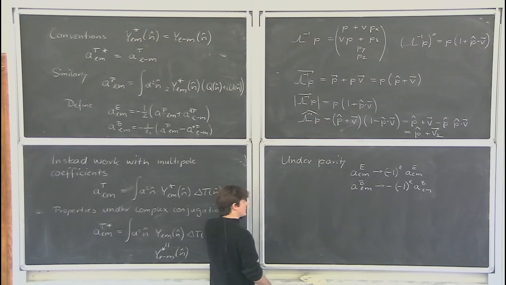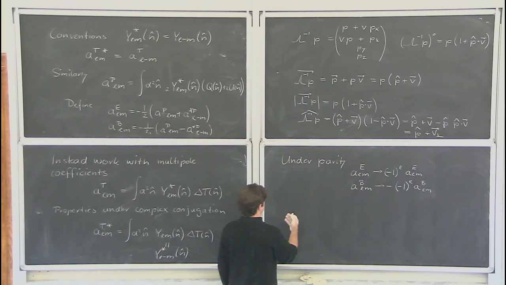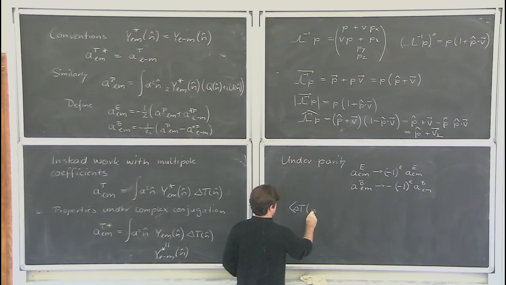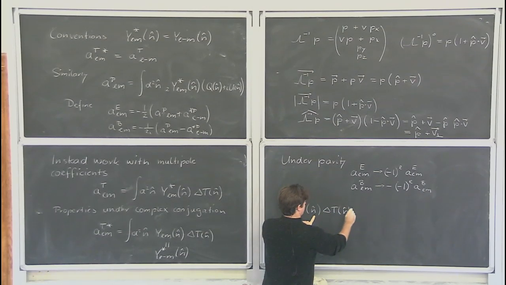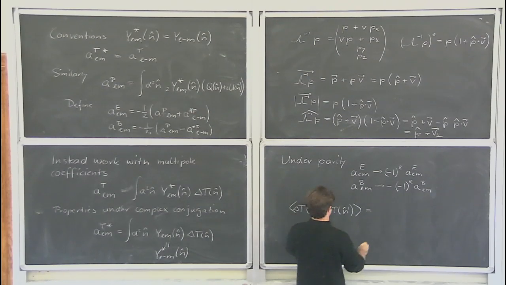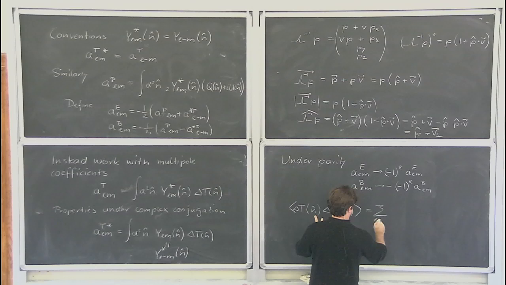And then just to see that you get the same things as you would get from the correlation functions, let's look at what you get if you compute the correlation function between the temperature at n hat and the temperature at n hat prime. So here we have a sum over L and M for the first guy, L prime, M prime for the second guy. Then we still have our ensemble average.